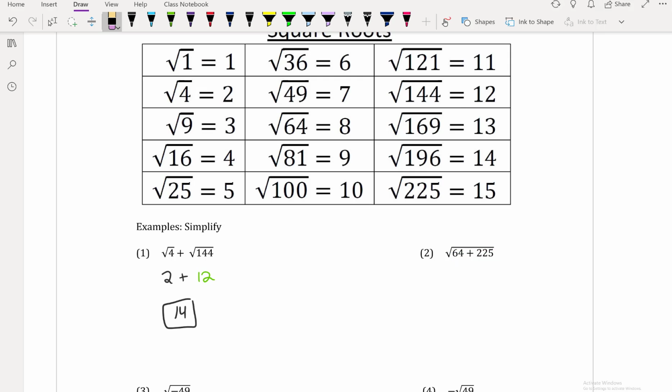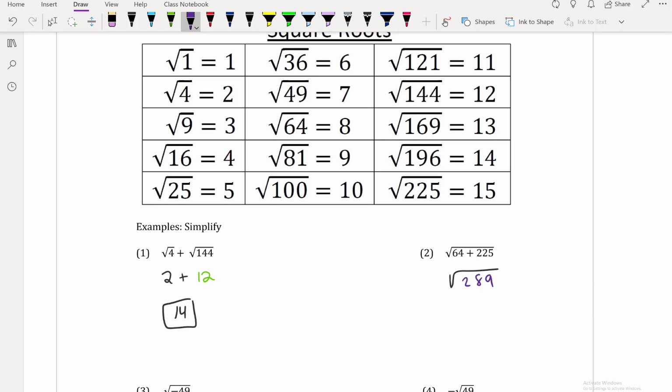That means I have to combine what's on the inside first. So I add the inside numbers together: 64 plus 225, which gives me 289.